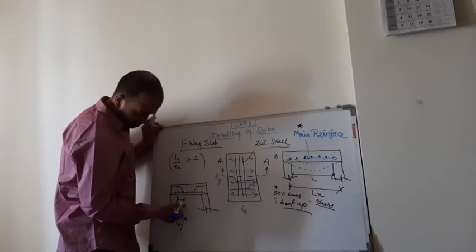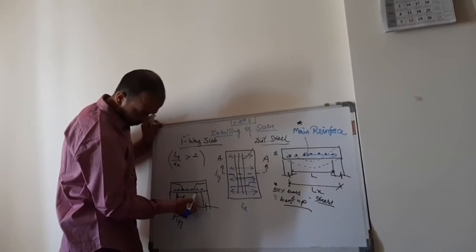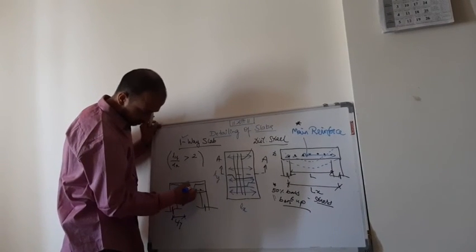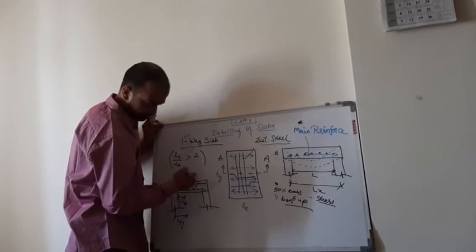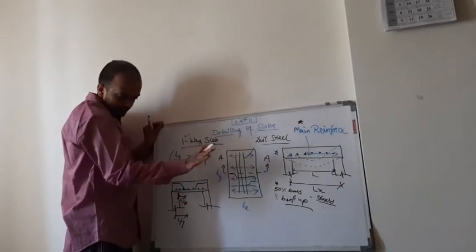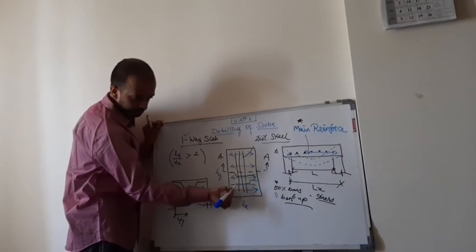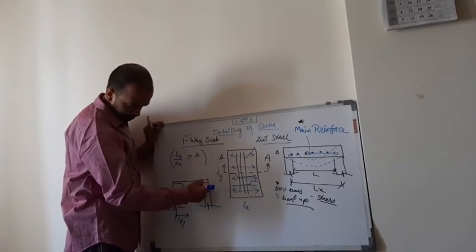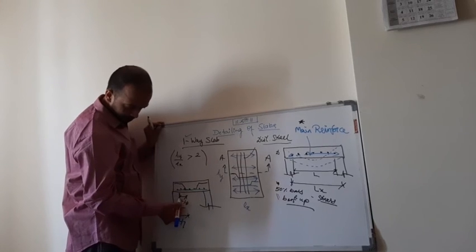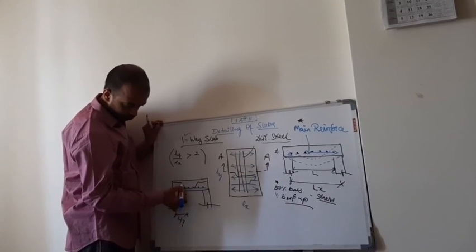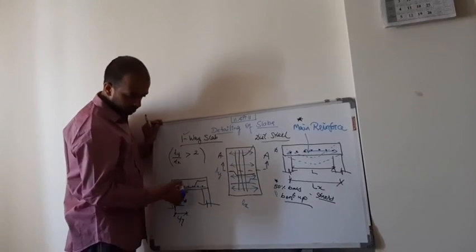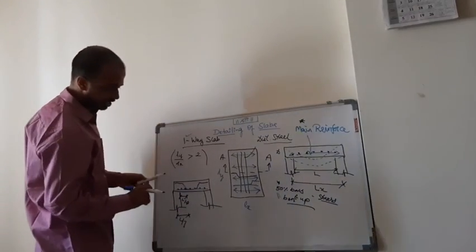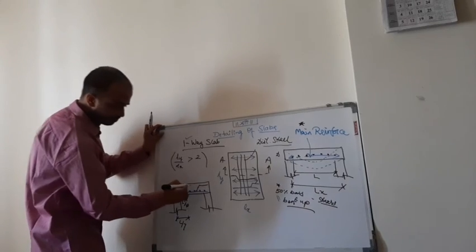At a distance L by 10 from the support, stop it, bend it upward at 45 degrees and take it straight at the top. Similarly, the next bar that is laid behind this will start from here and stop at a distance of L by 10 from the support, move up at an inclination of 45 degrees, then continue. Okay, so this is how the reinforcement shall be provided in the slab.